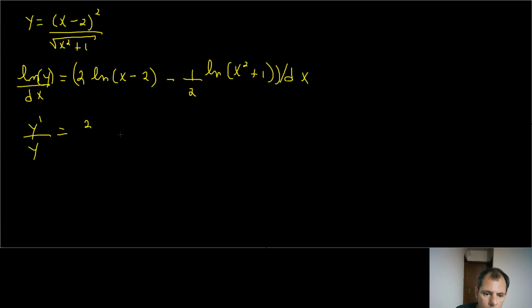It's going to be 2 over x minus 2, okay, minus half times x squared plus 1, right, times 2x, because it's the derivative of the inner function. The derivative of the inner function here is also 1, okay, so times 1.